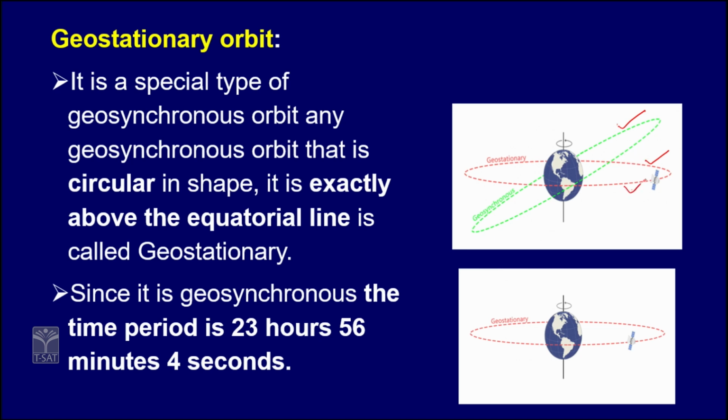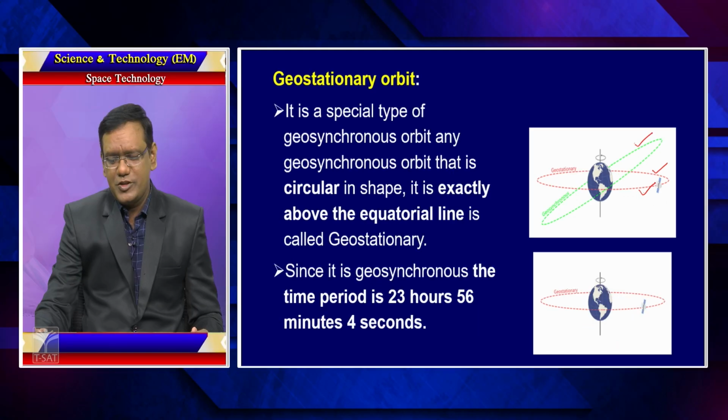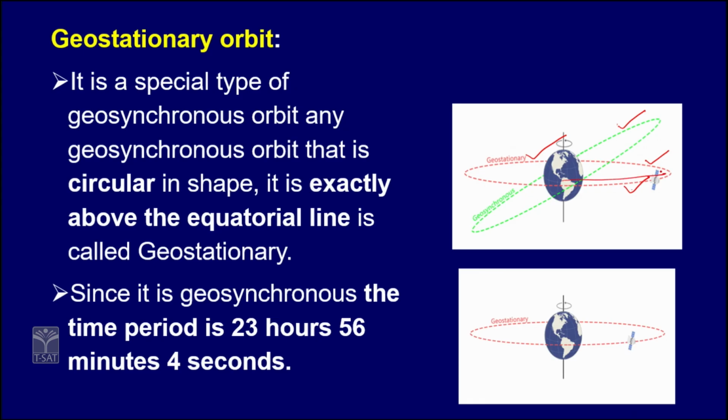This red colored one is the geostationary orbit because it satisfies two more conditions: the orbit is circular in shape, and it is exactly above the equatorial line. That's the reason why this is called a geostationary orbit.